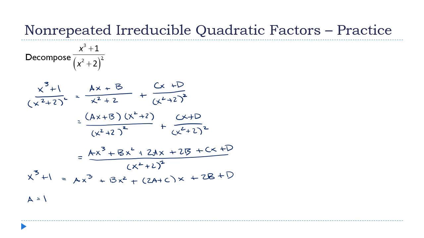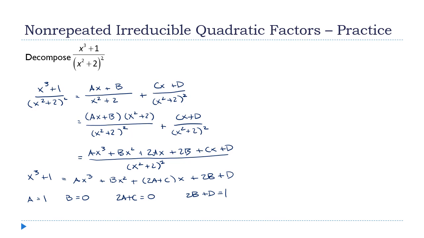And look, the x squared terms are just as nice. The coefficients of the x squared terms are b and 0. It's not usually quite this easy. It's coming out nice for us. Then let's see, 2a plus c equals 0, and 2b plus d equals 1.